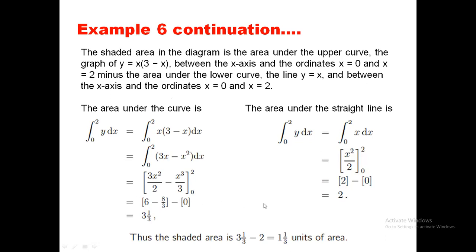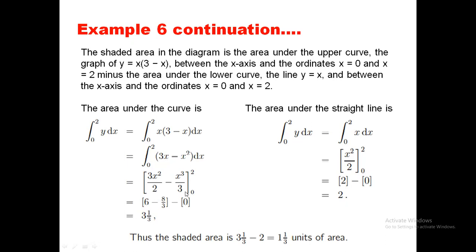The process that is given here, class, is the same process as in number 5, wherein you are to determine the entire area under the curve, and you are to determine the area under the straight line. It's just the opposite of the first part. In sample problem number 5, we determined the area under the line, then we subtracted the area under the curve.